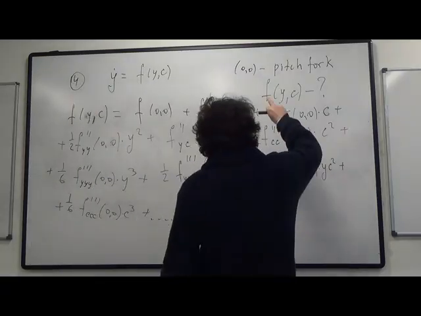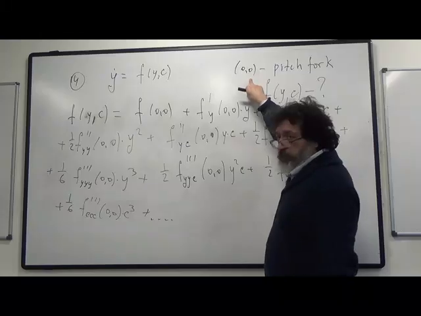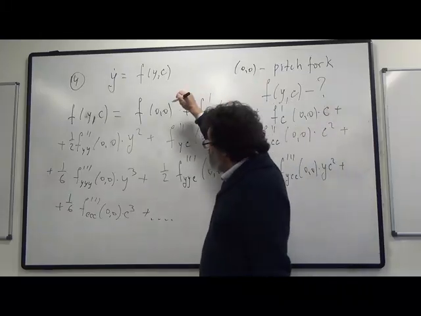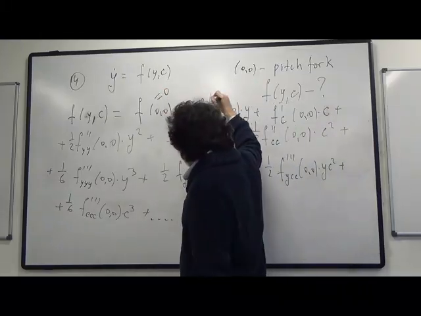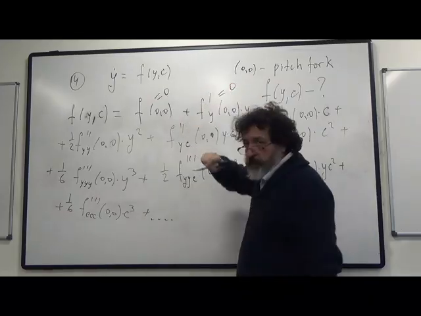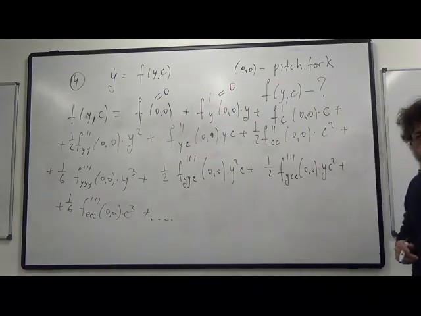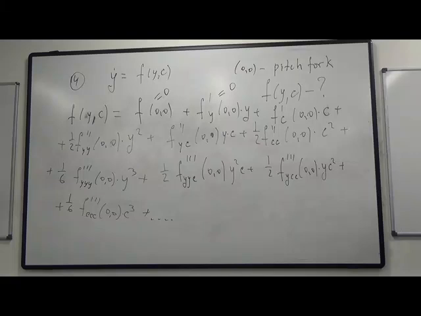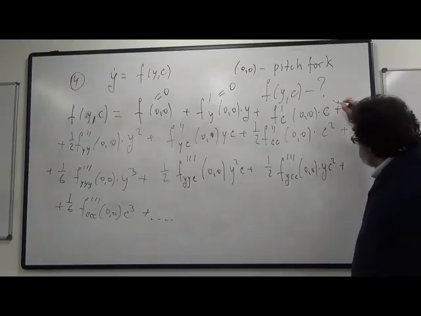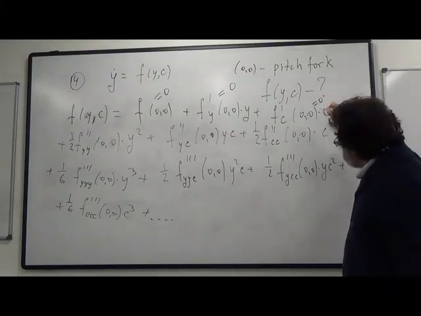So we want at 0, 0 to have pitchfork bifurcation, therefore it should be an equilibrium point, and this should be a non-hyperbolic equilibrium point. These two conditions should be satisfied straight away, because it is a bifurcation point. Then, if we want it to be pitchfork, we can conclude that it's not fold bifurcation. If it's not fold bifurcation, this should be 0.